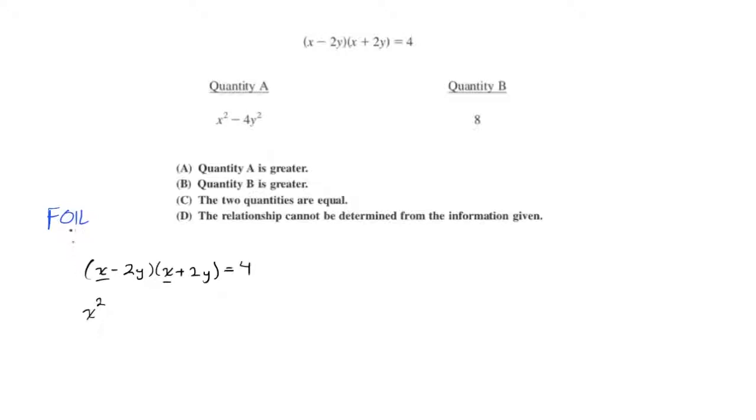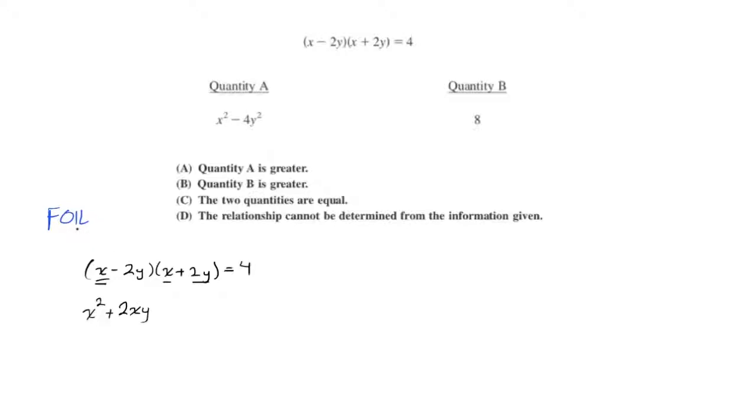Next you multiply the outer parts, so now we're talking about that one and that one, the outermost parts of both binomials next to each other, and x times 2y is positive 2xy, or yx. Order doesn't actually matter, multiplication is commutative.